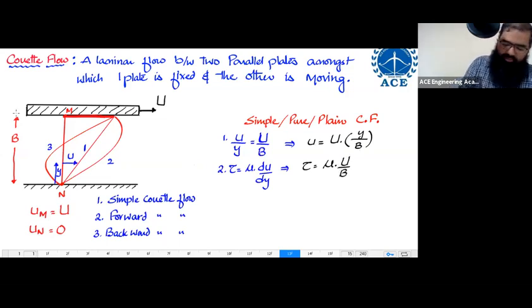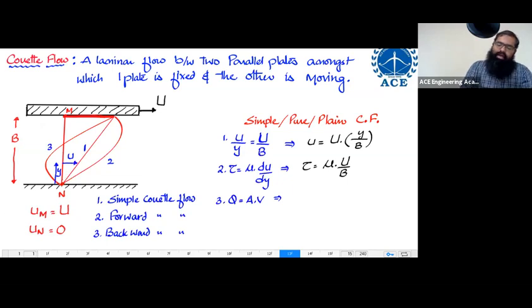Third thing over here is the concept of discharge. Discharge is equal to area times average velocity. Now think about the area. The area over here is supposed to be equal to B times W. Average velocity will be equal to how much?